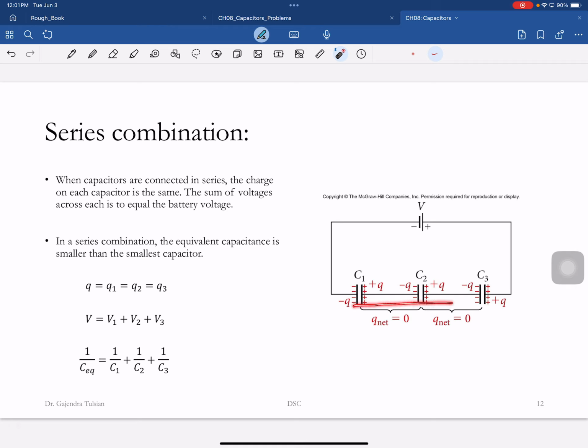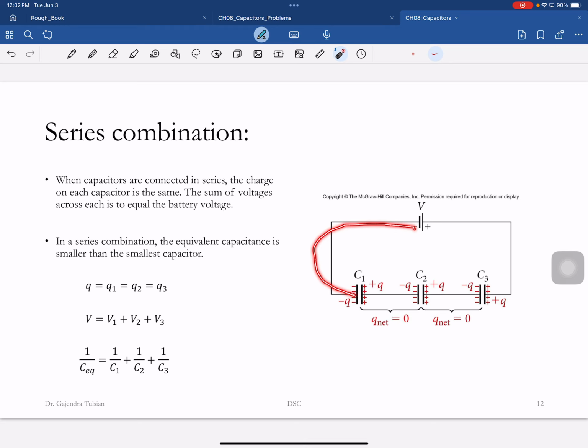When you connect them in series, the effective capacitance is smaller than the smallest one. So when you want a smaller capacitor, you connect them in series. Let's watch this. Electrons flow from here to there.